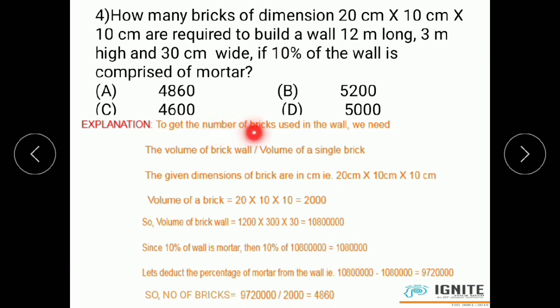In order to get the number of bricks, the volume of the brick wall is divided by the volume of a single brick. Therefore, the final answer is 4860.